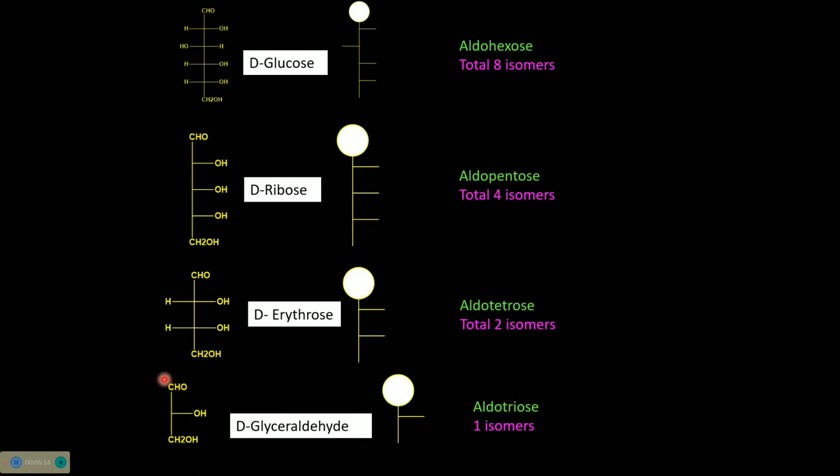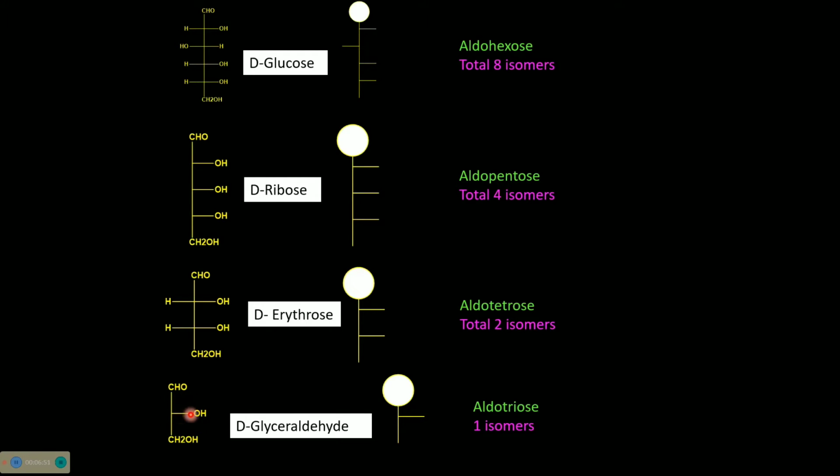See, in this aldotriose, D-glyceraldehyde, since there is only one chiral center, there should be two isomers, that is L and D. But we are considering naturally occurring carbohydrates or aldoses, and we already know that in nature only D-aldoses are available.